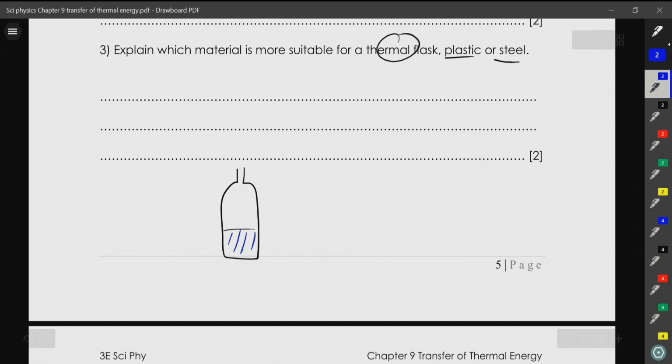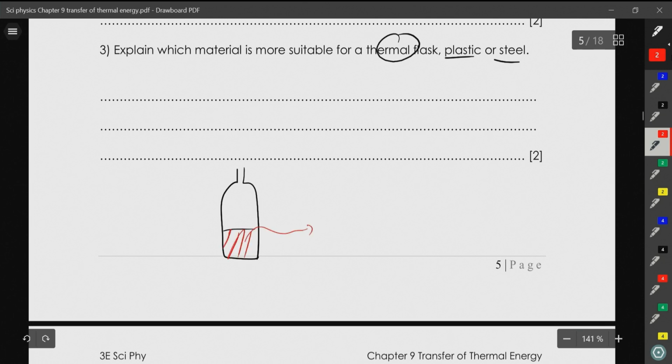If it's cold, I don't want heat to enter so readily to make my drink hot. Now if it's hot, I don't want my heat to exit so readily to make it cool. I don't want that. So what I want is also known as a slow rate of heat transfer.